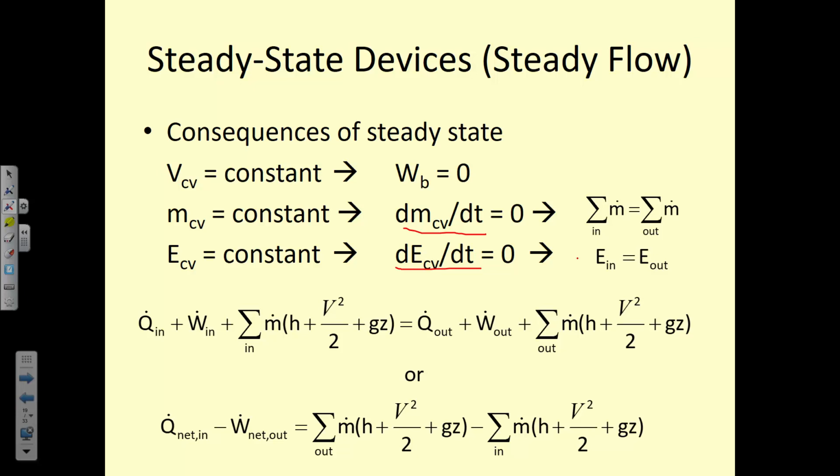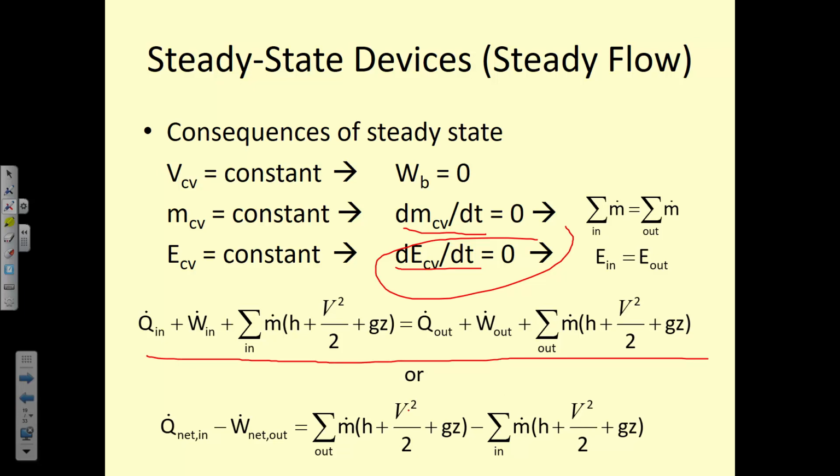Okay, this is only applicable to steady flow. When we talk about unsteady flow, this term does not go to 0. But for steady flow, it does. So then we can write our energy equation like this.